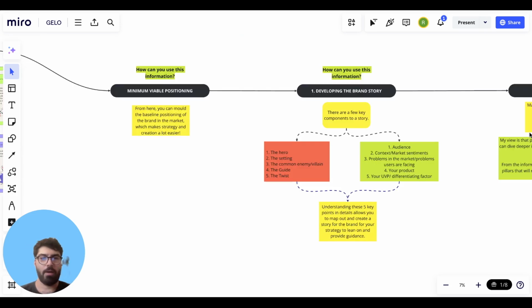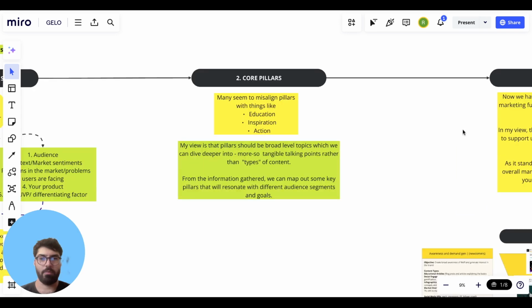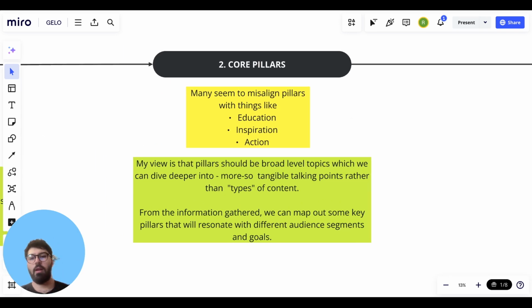Now, once we have your brand narrative, we need to create content pillars, which is step 2. Now, if you look online and type in content pillars, you'll get stuff like education, inspiration, action, and so on. These are, in my opinion, quite fluffy and don't really help. We should be thinking of pillars as tangible talking points and actionable points that we can draw from to create content.